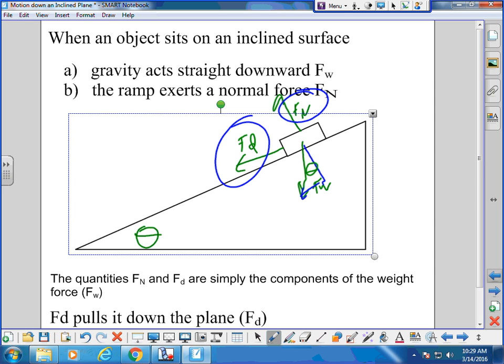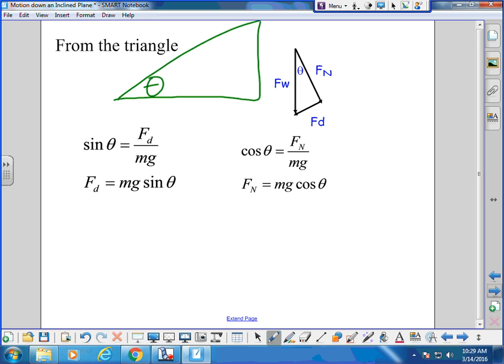So this theta right here and this theta right here are equal to each other. The theta, the angle of the ramp, is equivalent to the angle in this triangle right here. Now, this weight force, Fw, gravity, is straight down, right? And this normal force here is balanced by what I call Fn.